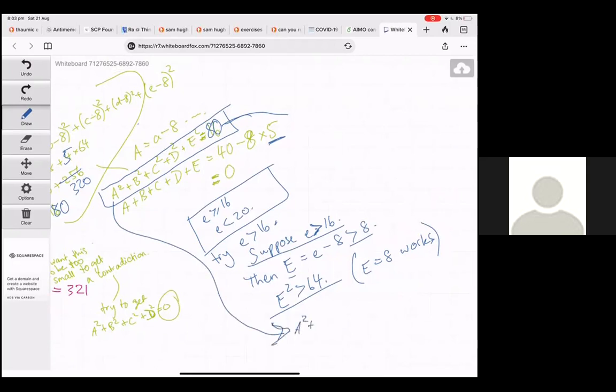So that means A squared plus B squared plus C squared plus D squared is less than 16. And what does it mean for this equation? If E is bigger than 8, then that means that A plus B plus C plus D is smaller than -8 to balance that out.